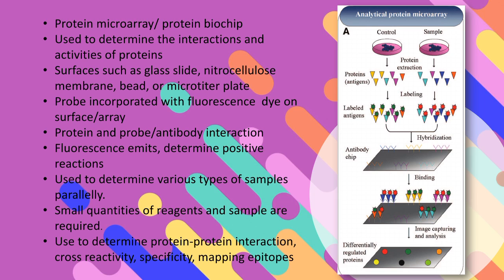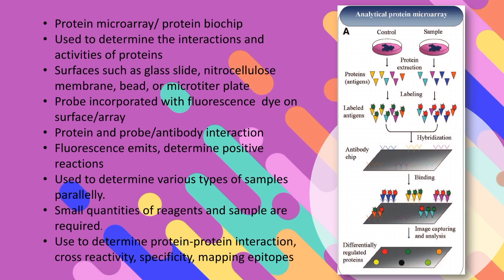Very small quantities of the reagents and the samples are required, as we know how small the biochip is, so the sample getting inside these biochips will also be very small. So sample efficiency is an important point in these biochips, right? Very small quantity of the reagent and the samples are required.